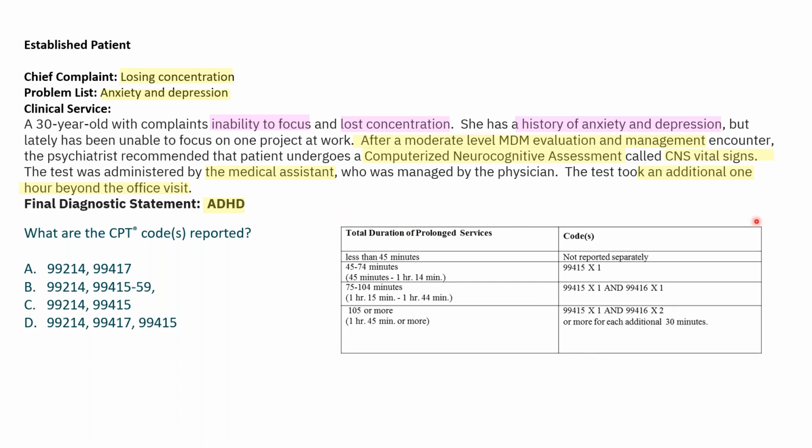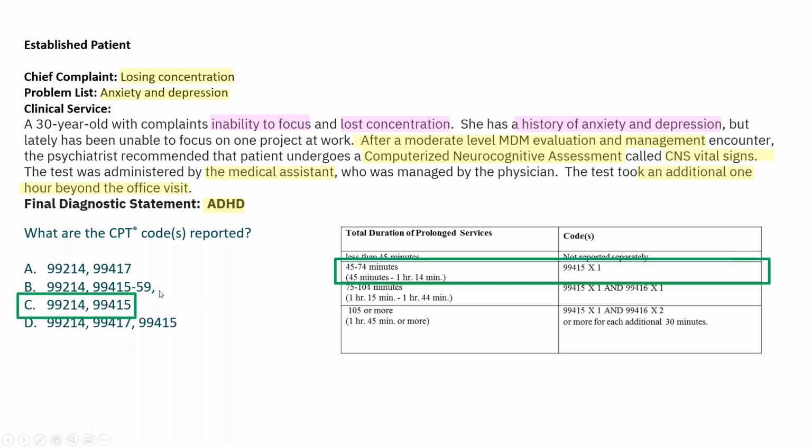This is their chart. And it says that the test took an additional 1 hour beyond the office visit. We already coded for the office visit, so let's look for our 1 hour. And 1 hour falls within 45 to 74 minutes. It says we're going to use 99415 one time, and that's it. And you know what? C is our answer.